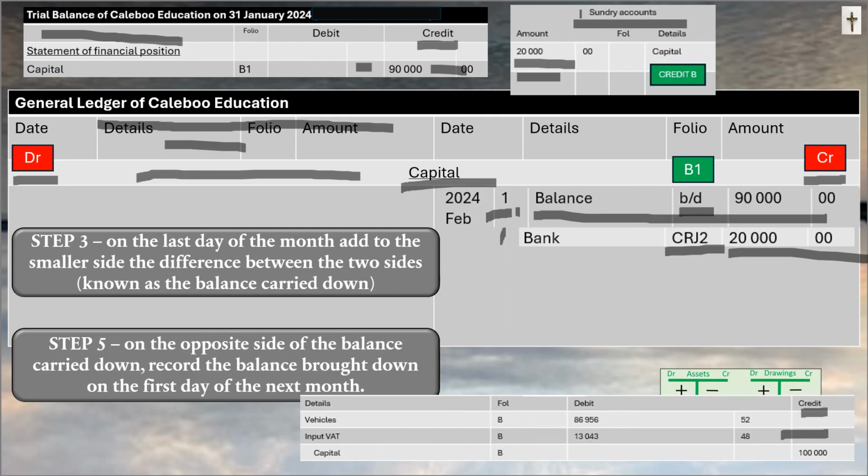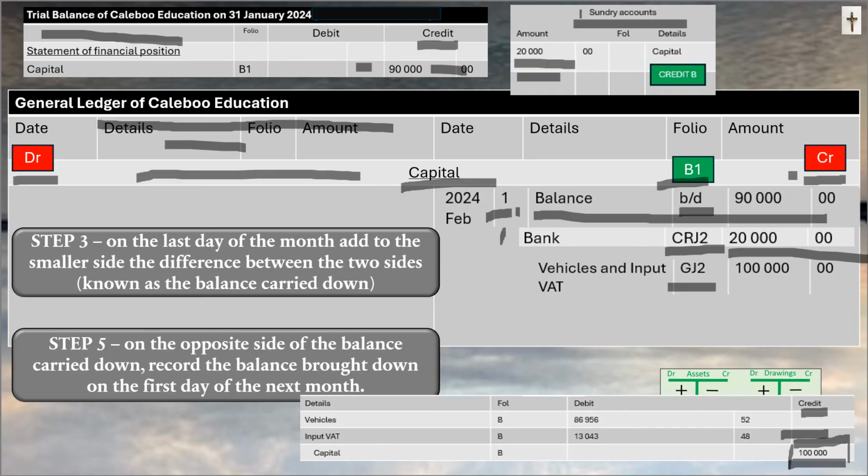Then also at the bottom of the page, there's a screenshot from the general journal. Richard contributed a vehicle to the business, so the capital contribution was 100,000. That information is taken to the capital account. Capital was credited because it was an increase in capital.